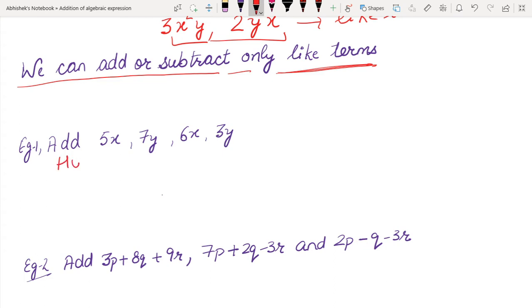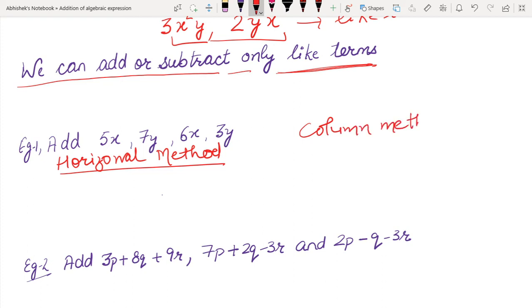There are two ways. One is the horizontal method and another is the column method. While adding algebraic expressions, keep in mind that we can add only like terms, so select the like terms.